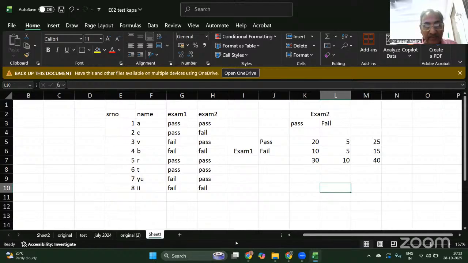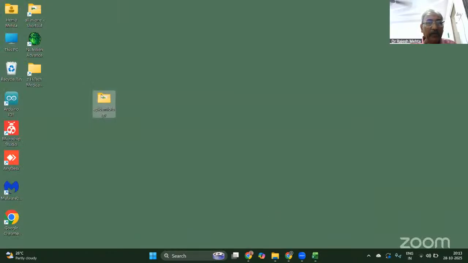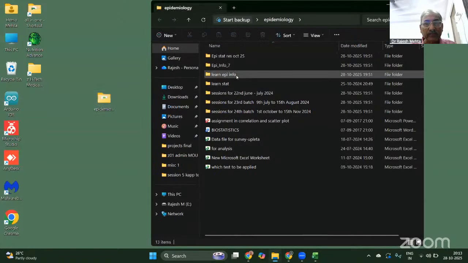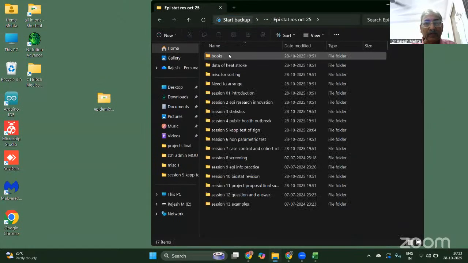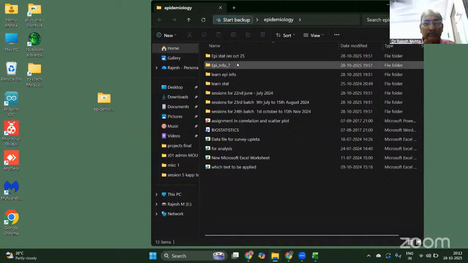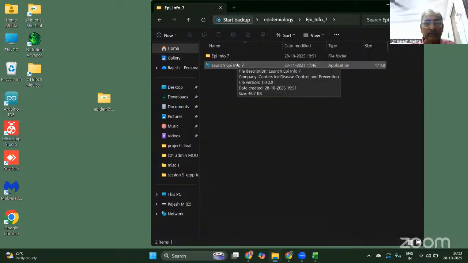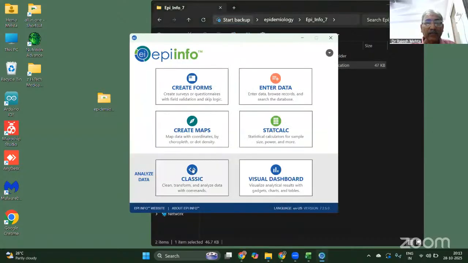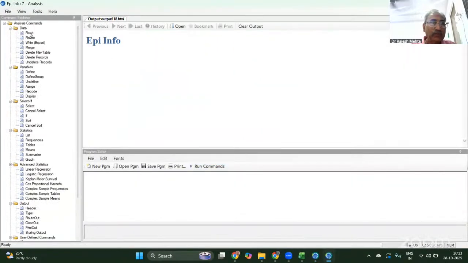For example, when you go for Epi Info, how do you get the 2 by 2 table? In that, you go for the classic, you go for the read file.